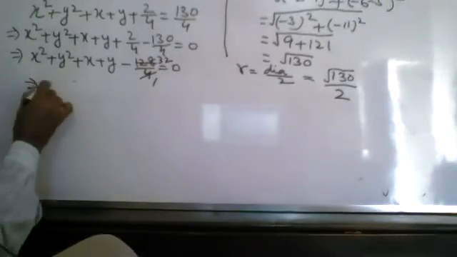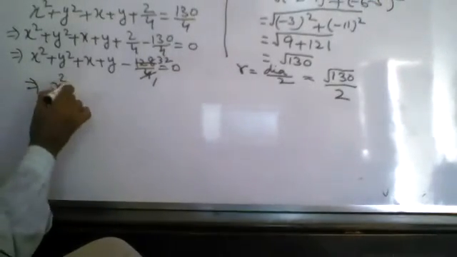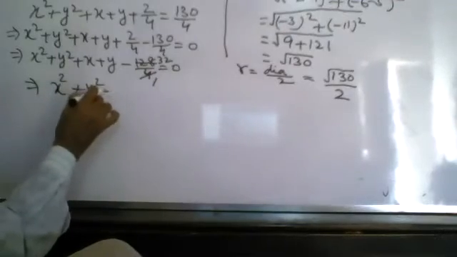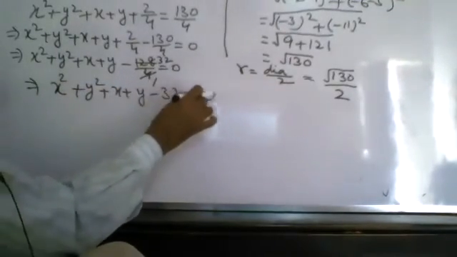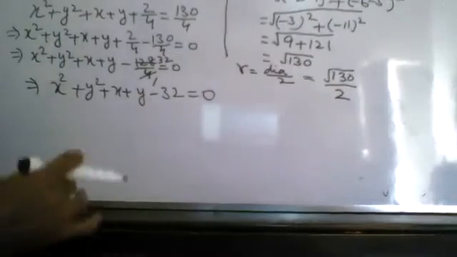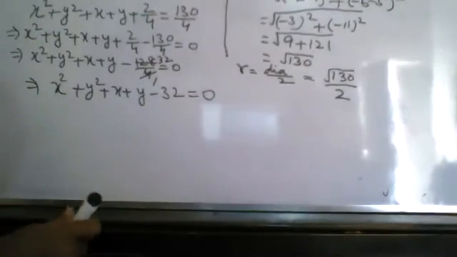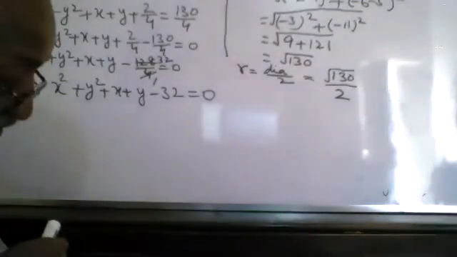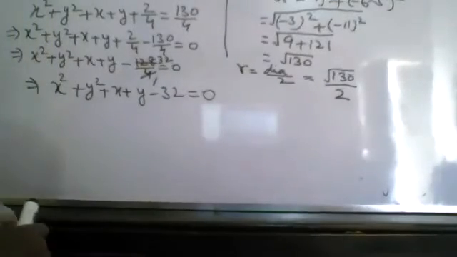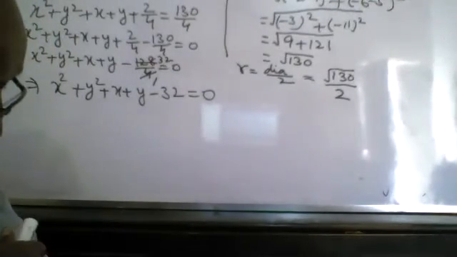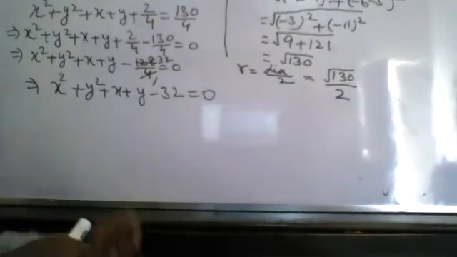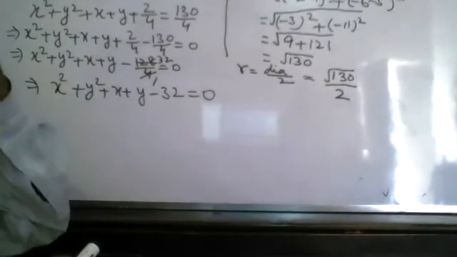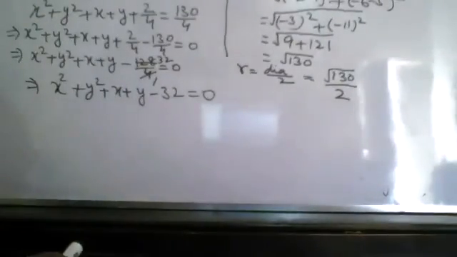So the final answer is x square plus y square plus x plus y minus 32 equal to 0. This is the required equation of the circle whose end points of the diameter are -2, -6 and 1, 5. This is the required equation: x square plus y square plus x plus y minus 32 equal to 0.